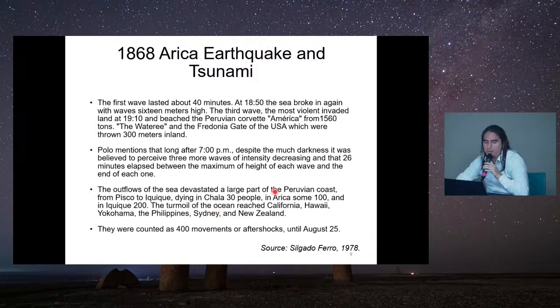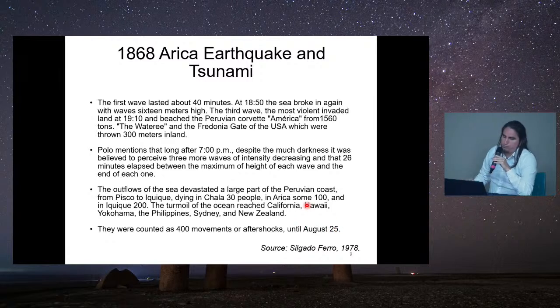So there was a lot of destruction around these places. Almost 400 aftershocks were counted until August 25th. So this is just some general information about this earthquake. Most of this information is from Silgado Ferro in his paper of 1978.